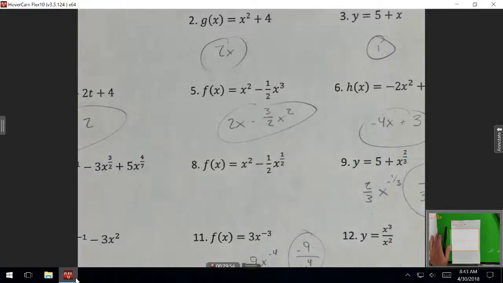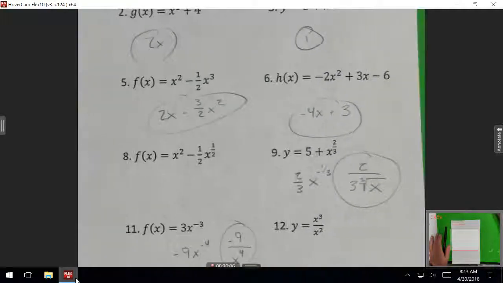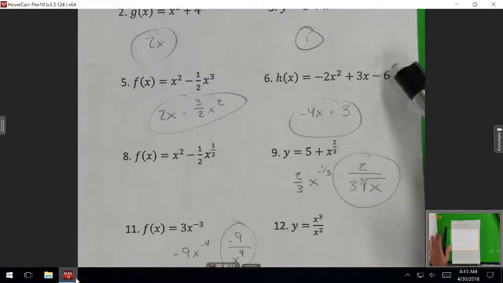Very good, but next time put f prime of x equals that, okay? Yes, sir. Number 6. 2 times negative 2 is negative 4x to the first power. Then 1 times 3 is 3, and be x to the 0, and the negative 6 is a constant, so it'd be 0.